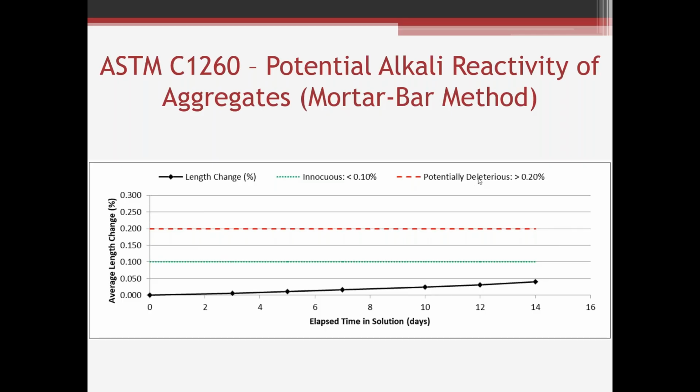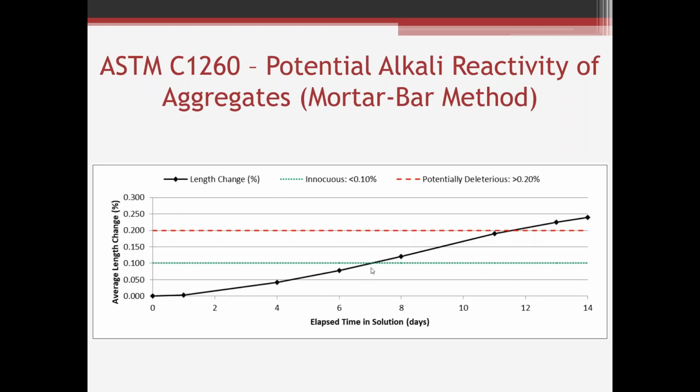So as we look at this graph right here, here's our length change up to 14 days. We're well below 0.1. This would be considered innocuous. This sample, not so much. Again, here's our 14 days. We had almost 0.25% expansion after 14 days. So this would not be good.